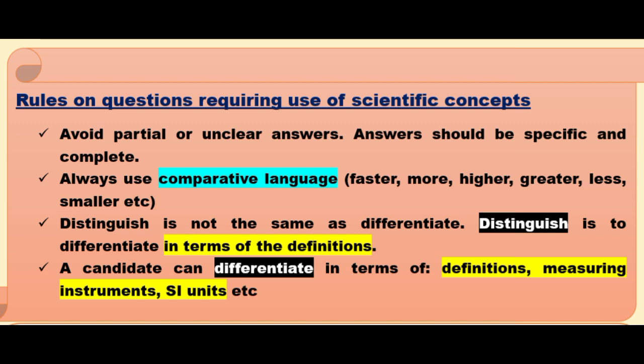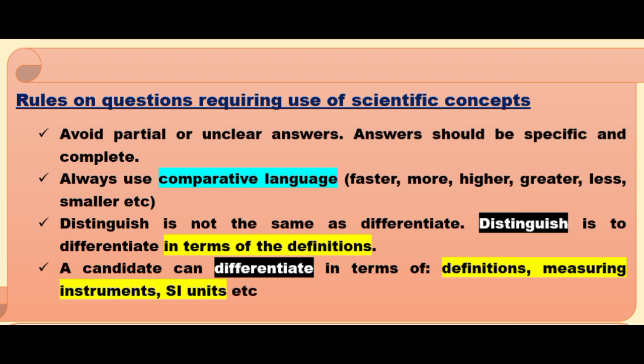But we are saying distinguishing is in terms of definition. But when it comes to differentiating, you use various forms of differentiation. For example, one, in terms of definition, in terms of instruments, as a measuring instrument, in terms of SI unit, you can call it DIS.